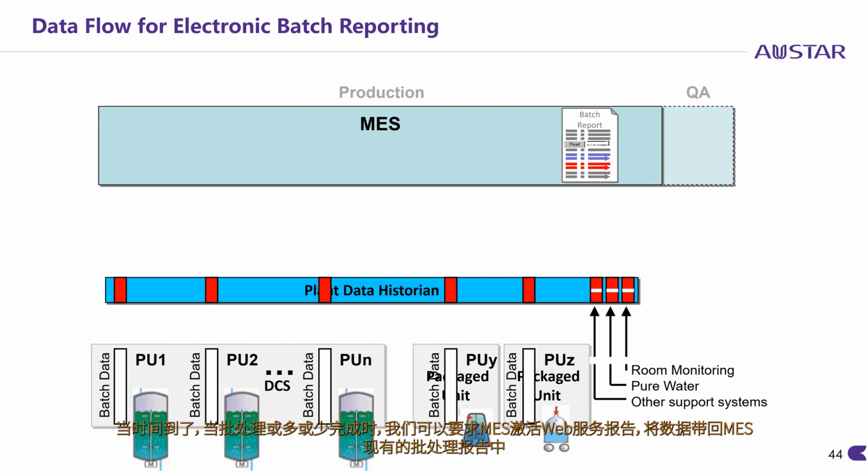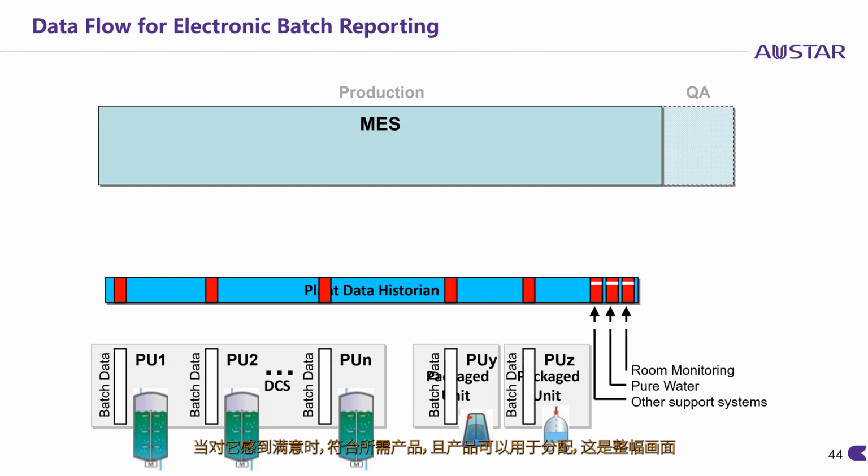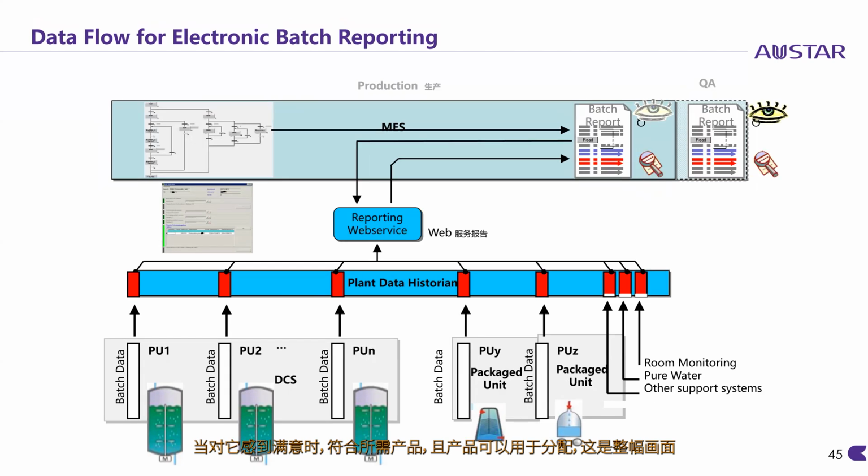We can take this batch report, analyze it and say, okay, I like it, and send it to the next section, which is QA, which then does its analysis. And when they are happy with it, they can release the product, and the product can be used for distribution. So that's the full picture.